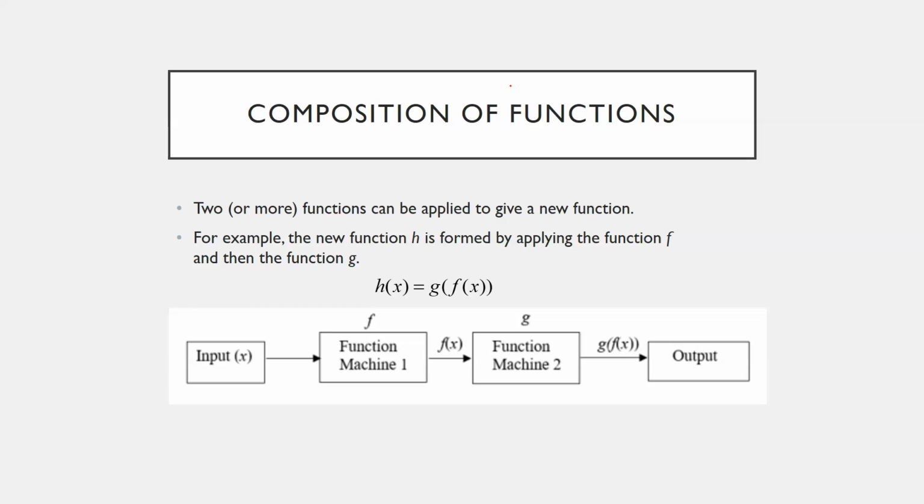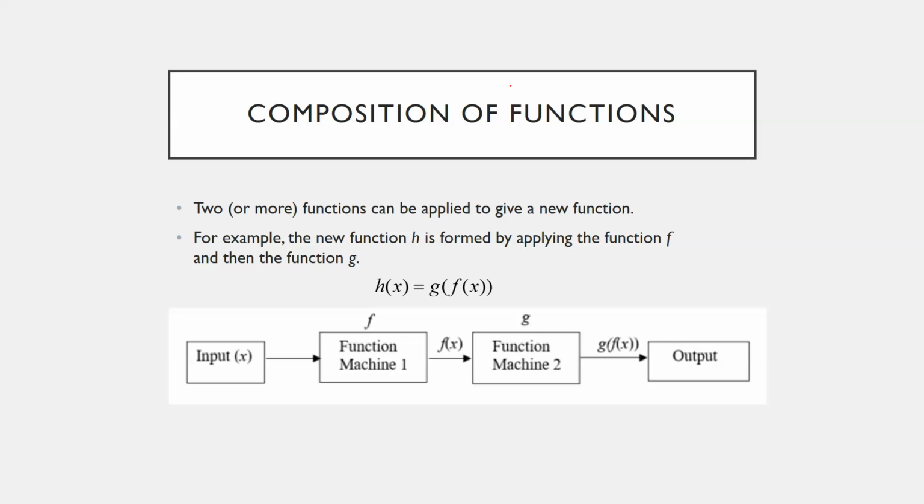Another way that functions can be combined is composition of functions. Two or more functions can be applied to give a new function. So, for example, the new function h is formed by applying the function f and then applying the function g. We write this as h of x is equal to g bracket f of x. We can think of it as taking our input value of x and giving it to the function machine of f.